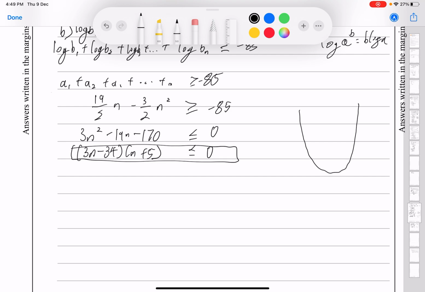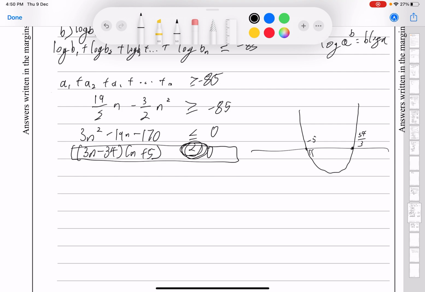Let this be the function we get, and then this root is -5, and this is 34/3. We need to beware, this is smaller or equals to 0.